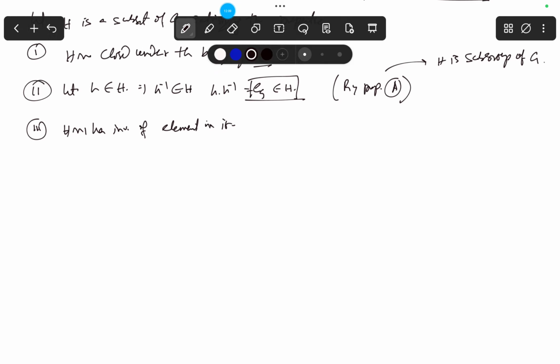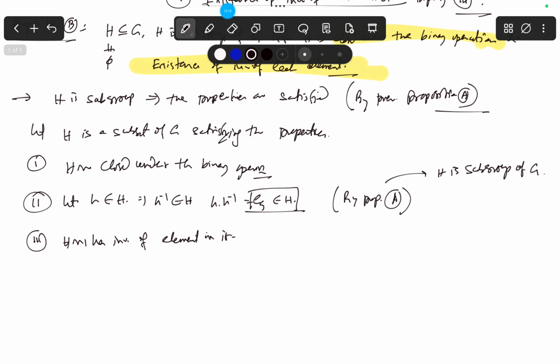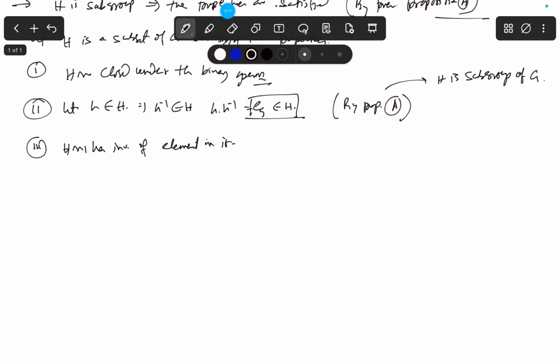Now there is also another proposition that will help us to reduce our work. That is proposition C. Okay. So what does proposition C say?